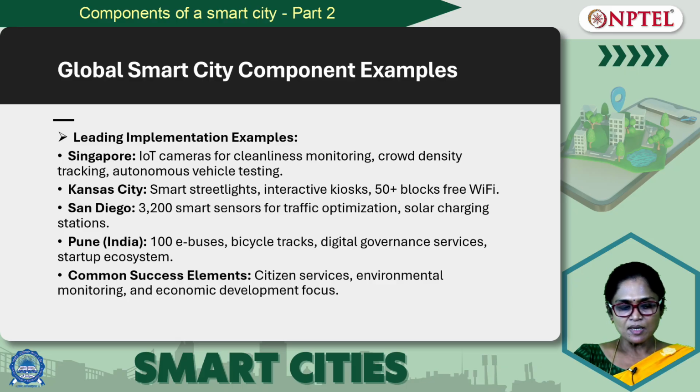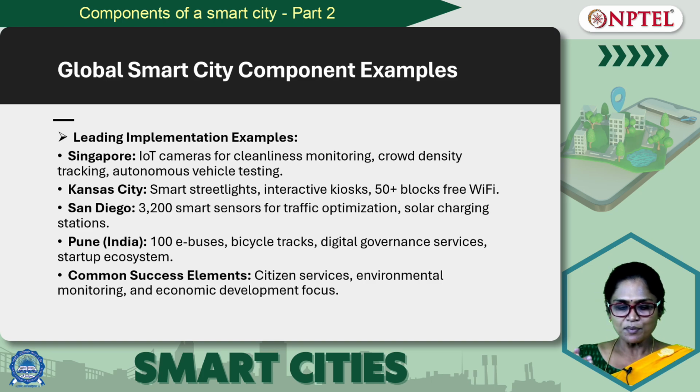Let me highlight some leading global examples demonstrating different approaches. The first thing that comes to anybody's mind is Singapore. Recently I was talking to somebody who was explaining how Singapore has been developed. His keynote presentation was very interesting, because they deploy IoT. It's a very small country, smaller than Delhi.